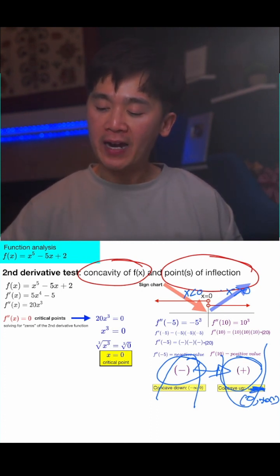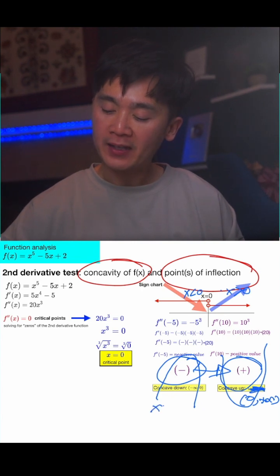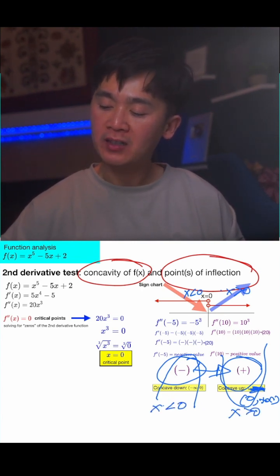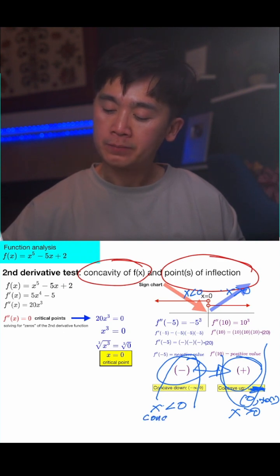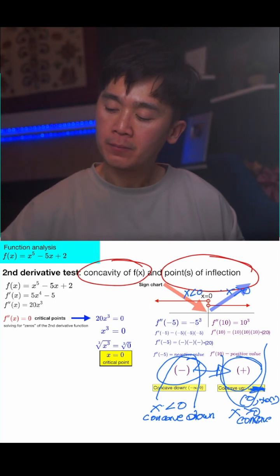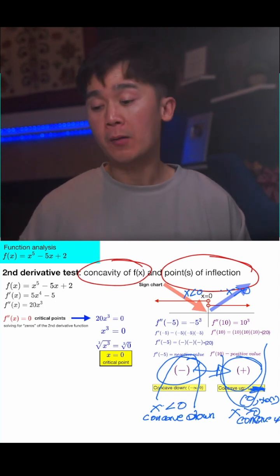Or we can rewrite this as x less than 0 for a function that is concave down, and x greater than 0 for the interval with the concavity that is going upwards.